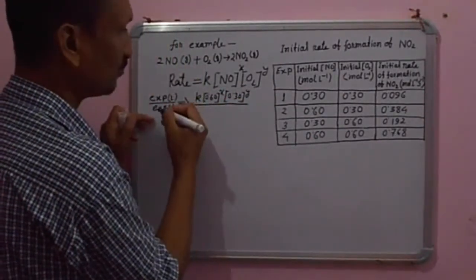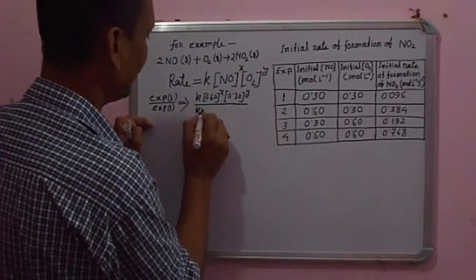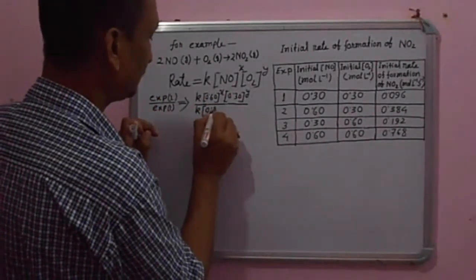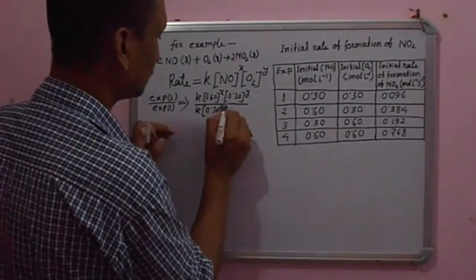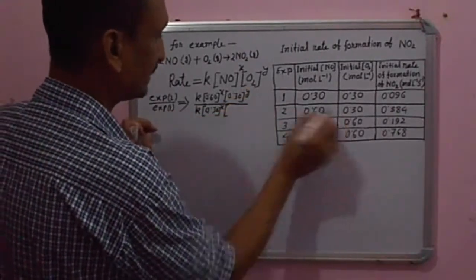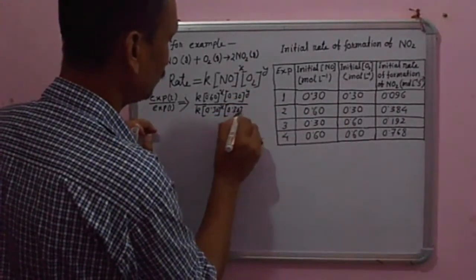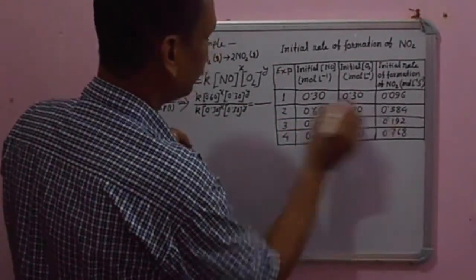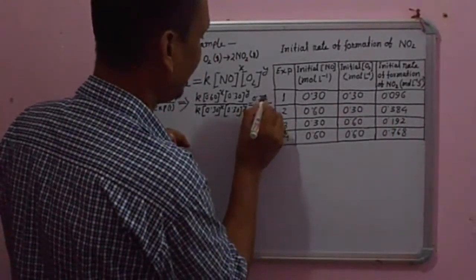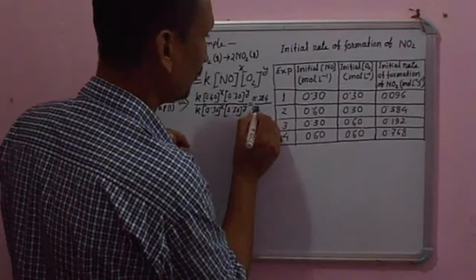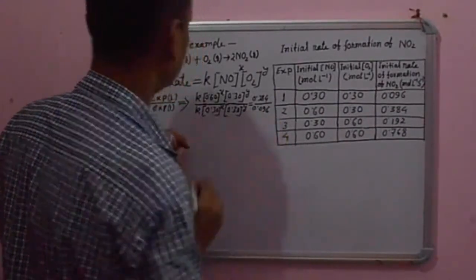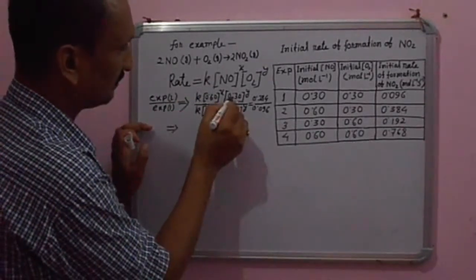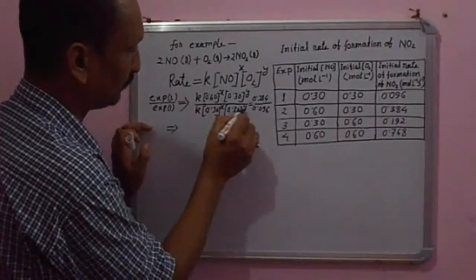Similarly, divided by experiment 1, that is K, concentration of NO, that is 0.30 to the power x, concentration of O2, that is again 0.30 to the power y, that will be equal to 0.384 divided by 0.096.